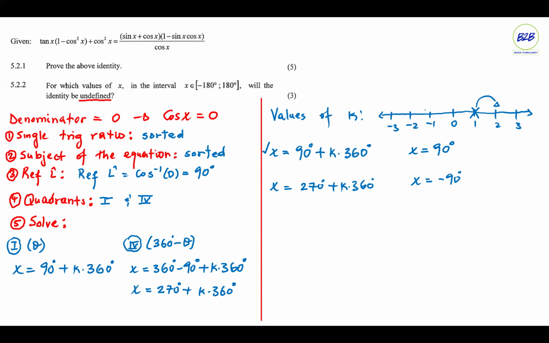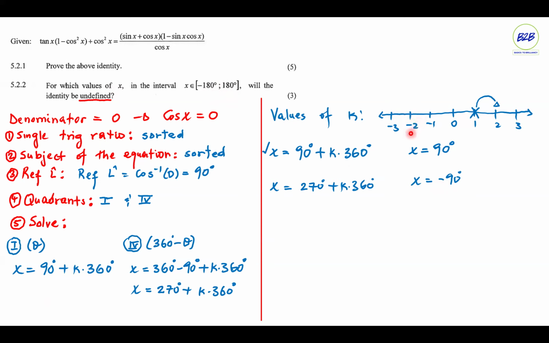So let us then go to -1. Take your k equal to -1 and substitute right there. Then you press your calculator and you get that x is equal to -90 degrees. You ask yourself, is x equal to minus 90 degrees part of that interval? If yes, which in this case it is, then you write it down. Then you change, you go to k equal to -2.